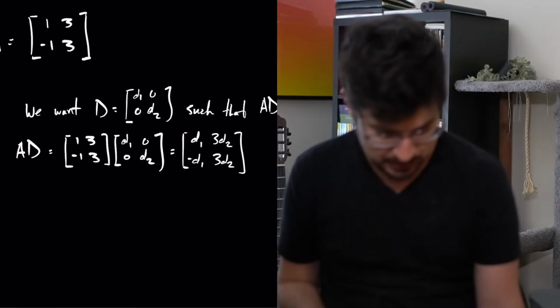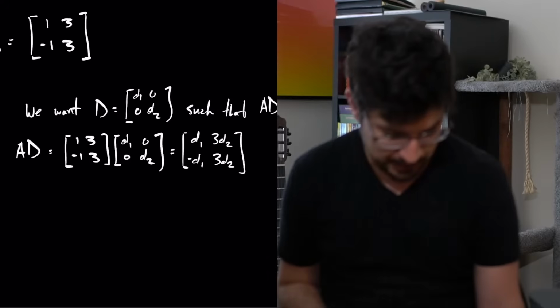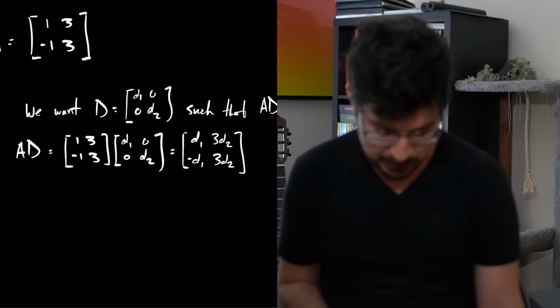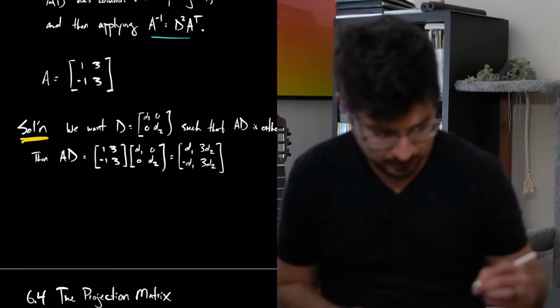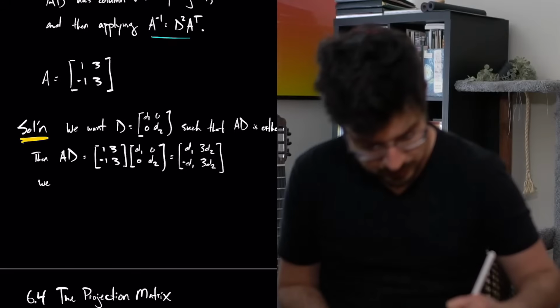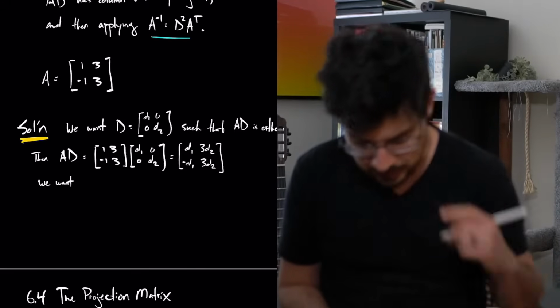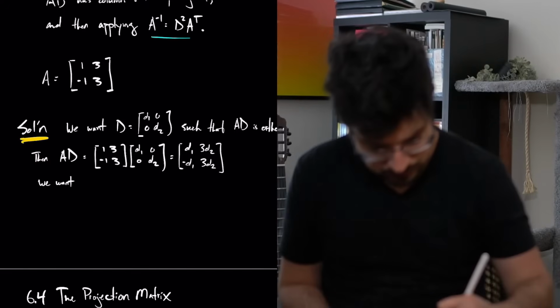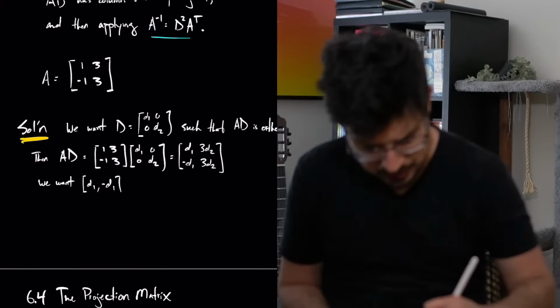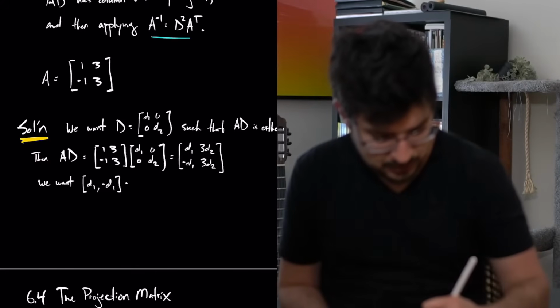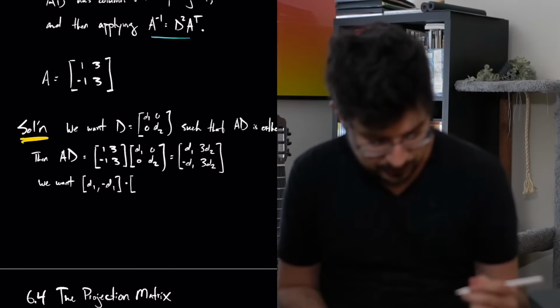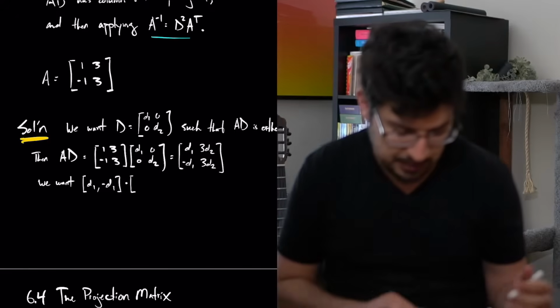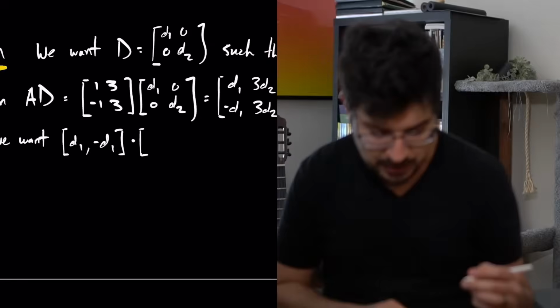Okay, so D1, 3D2, negative D1, 3D2. We want the vector D1, negative D1, dot product with itself. We want the length of this to be 1, right?